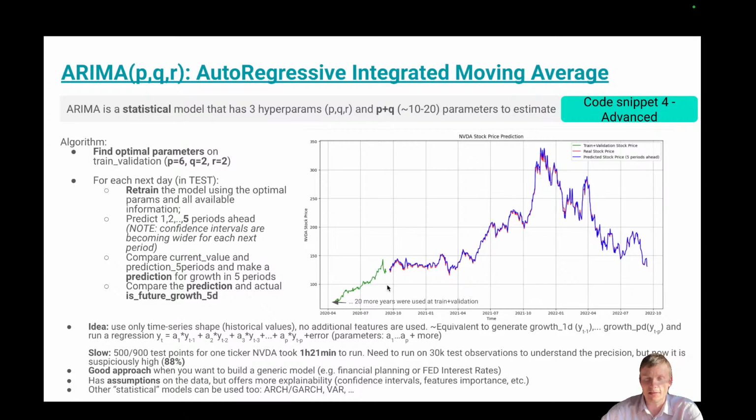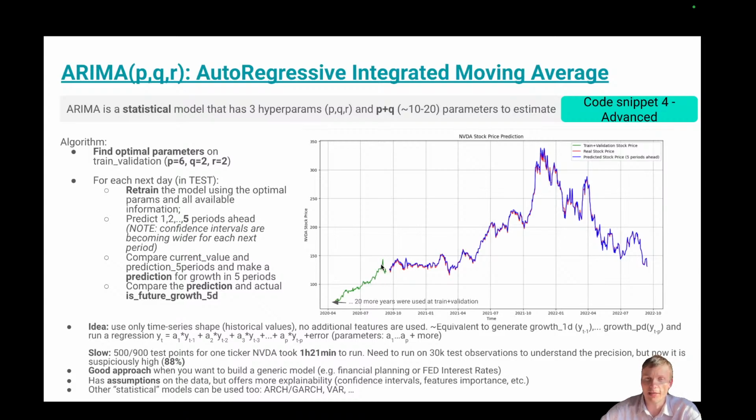What happens here is that we have 20 years of data history, and the idea of an ARIMA model, or Autoregressive Integrated Moving Average model, is that it doesn't look at any features. It looks only at the previous values of the time series, and here the values are the adjusted close price.